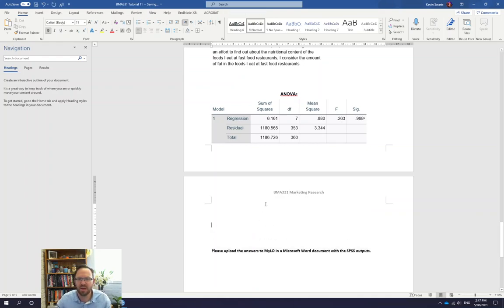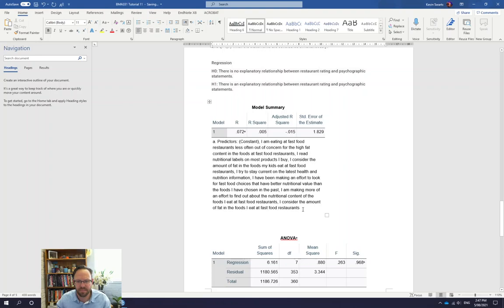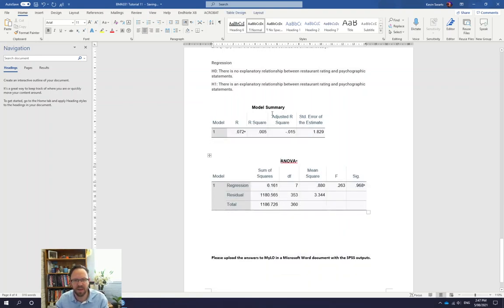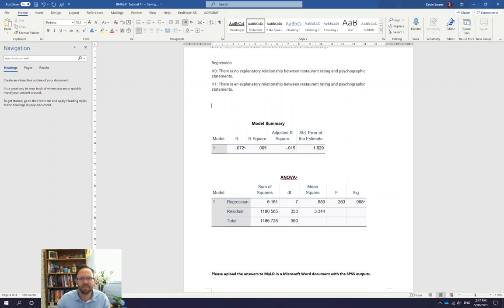Oh, this is terrible. This is what happens when you've got really big labels; it makes things harder. Then you can write that the R squared is 0.005, and then the adjusted R squared and the significance, and you'd write up explaining that it's insignificant.